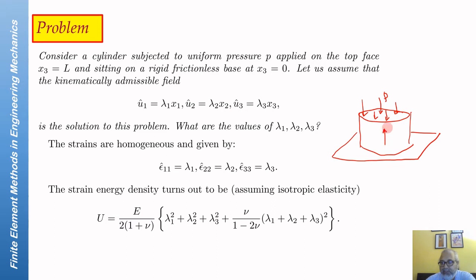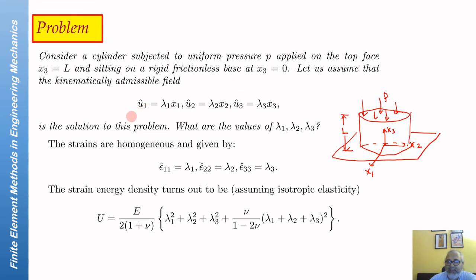The axis x3 is this way, and the length, let's say, is L. Now, it is told to me that this is a frictionless floor. So on this floor, the surface cannot move in the vertical direction, of course, because of the floor, but it can slip in the x1 and x2 directions because this is frictionless.